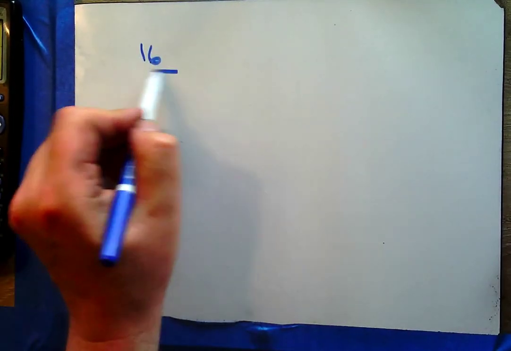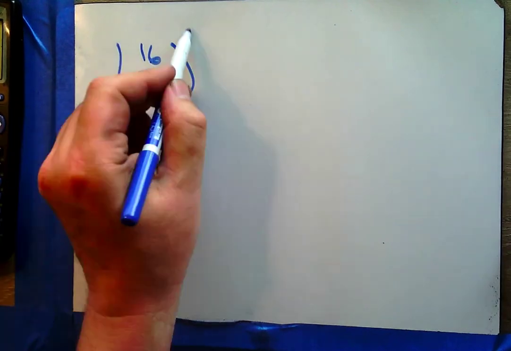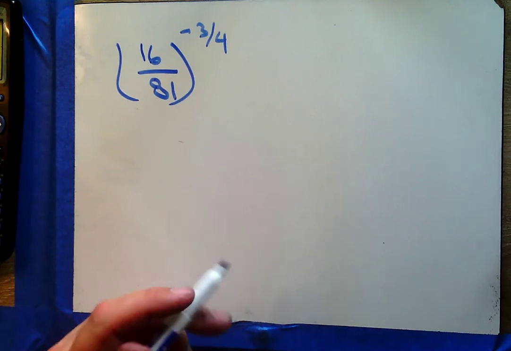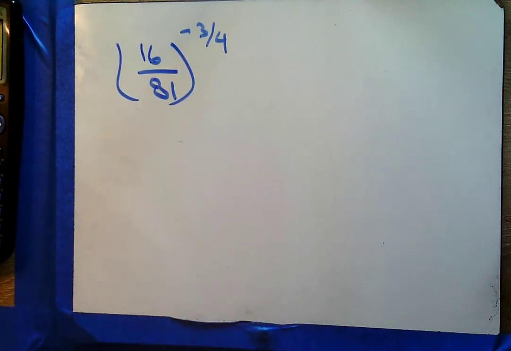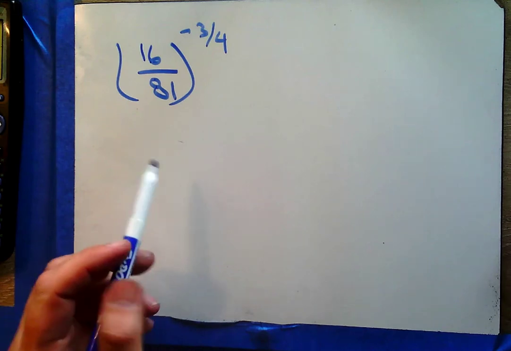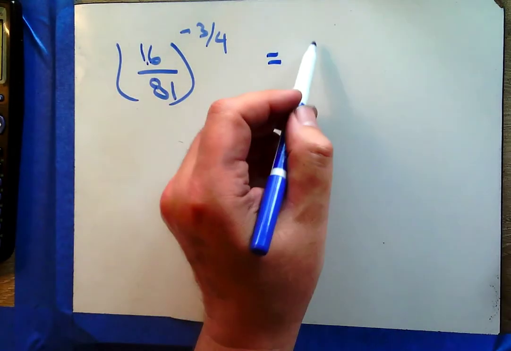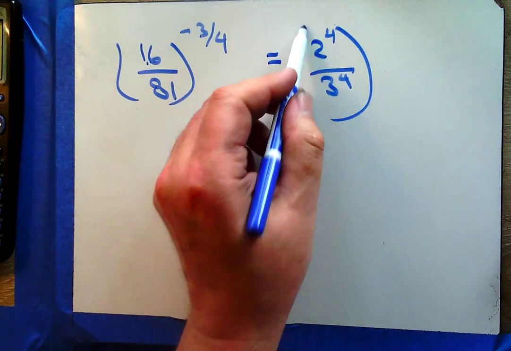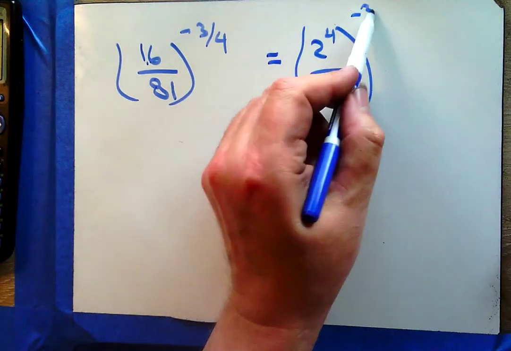Ooh, just about done. 16 over 81 to the negative 3/4. Go! You can do it. Okay. Did you write 16 as 2 to the 4th and 81 as 3 to the 4th, raised to the negative 3/4?